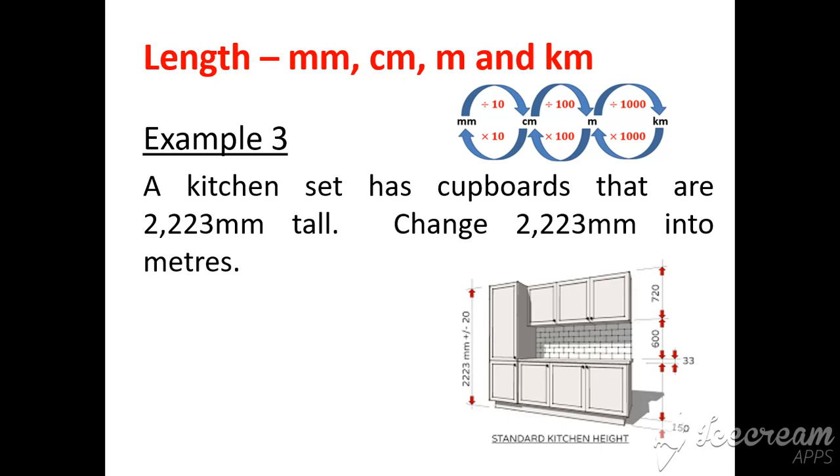We start on the left-hand side at millimeters, and we've got to change it to centimeters, then change it to meters. So we're going to divide by 10 to change it to centimeters, and divide by 100 to change it to meters. So 2,223 divided by 10, divided by 100, grab your calculator or your brain, and you will get 2.223 meters.